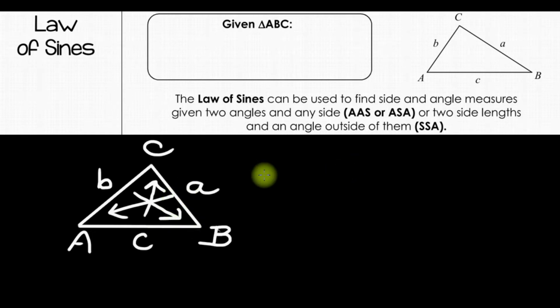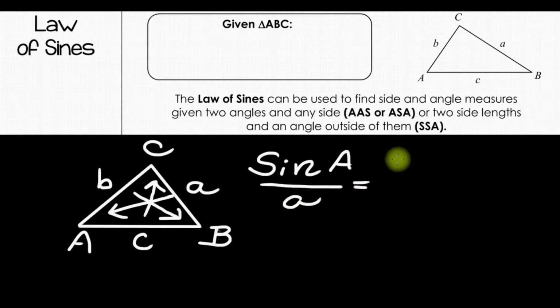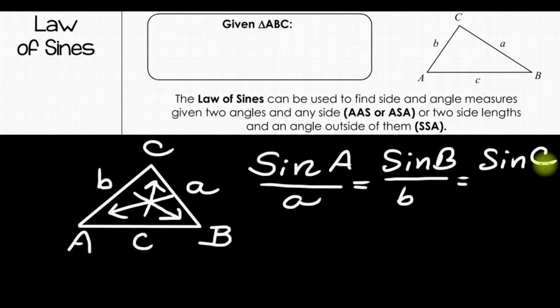The formula for the law of sines is sine angle A over side A is the same thing as sine angle B over side B, and it's the same thing as sine angle C over side C. You can use this formula to find the missing side or the missing angle.